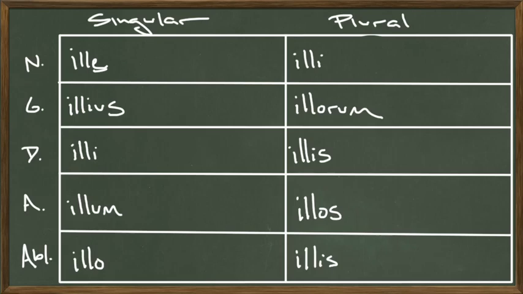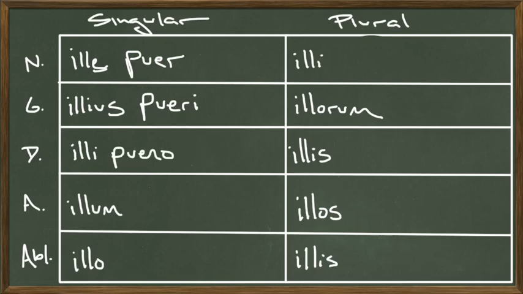Alright, let's add a noun. So let's add boy. I think we've already used boy in this lesson, but let's add boy. So ille puer, that boy. Now in the genitive, the demonstrative pronoun changes to illius, and puer will change to pueri. So illius pueri, of that boy. Illi puero, puer changes into the dative.